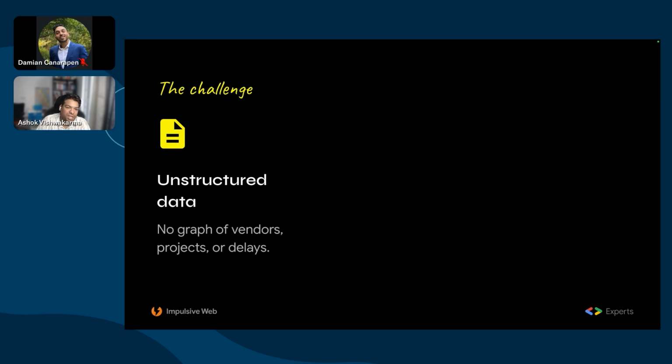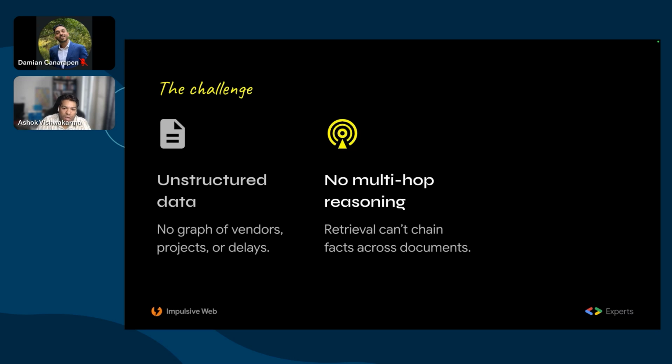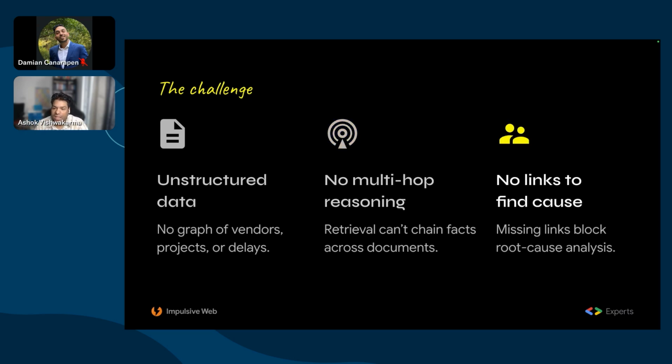The core challenge in the beginning was that we had very unstructured data. There was no way to have shapes and all those specific things. Within that vector database there was no way to have multi-hop reasoning, or any way of chaining where we can link one fact to another and go from one edge to another. There was no possibility to link those blocks to get to the root cause.